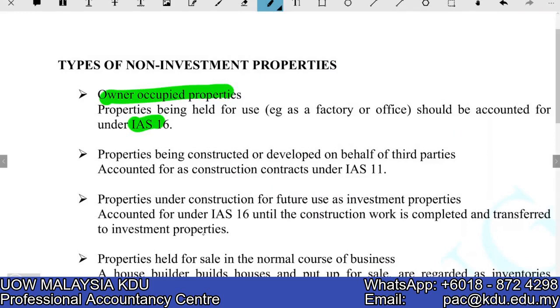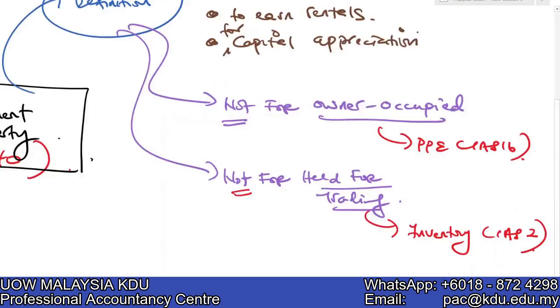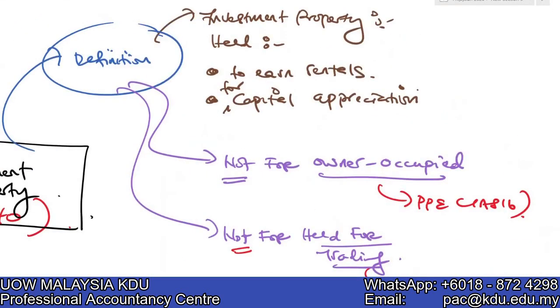So currently they'll be accounted for under IAS 16 until the construction work is completed and then transferred to investment property. Okay, because if they're still under construction, then they will be my IAS 16. Properties held for sale in the normal course of business, they are my inventory, IAS 2. Can you see? So these are non-investment property.